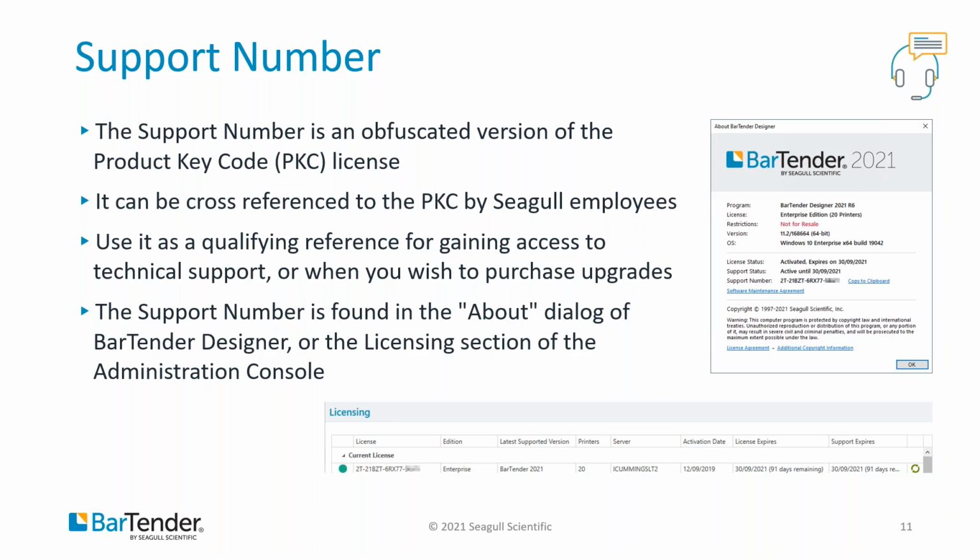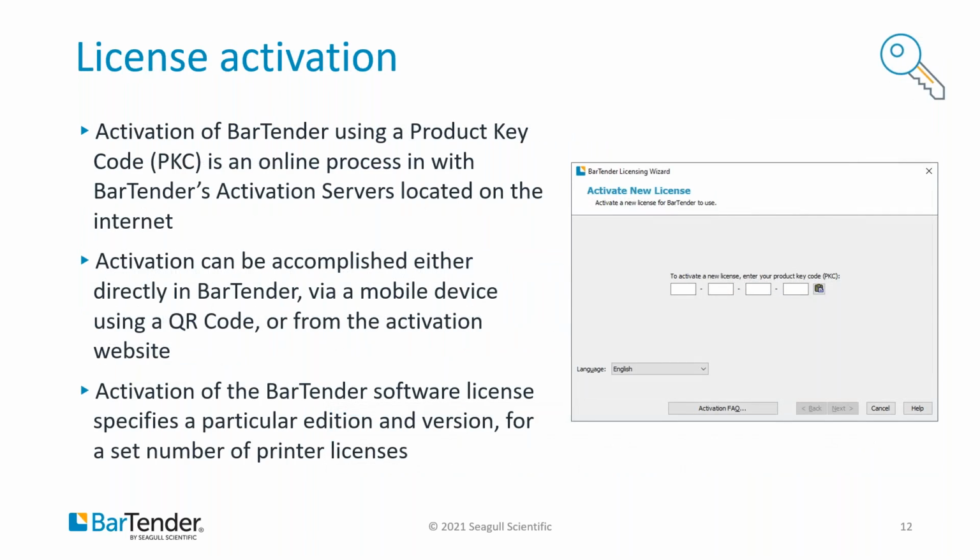It can also be used when requesting upgrades, purchasing upgrades, etc. You'll find the support number in the About dialog of BarTender Designer, as you see there in the screenshot, and also in License Server, where each of the licenses is identified by the support number. I'll be taking a look at that too.